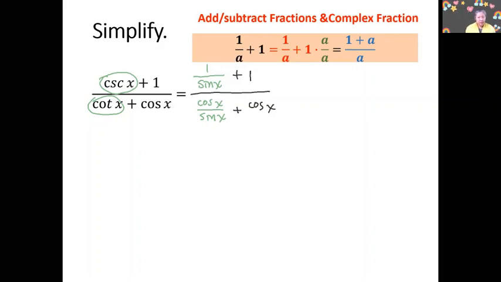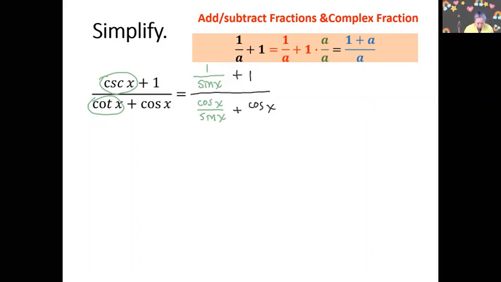Especially in this case, if you make that integer 1 into a fraction that has a common denominator with the other fraction already given, it's going to benefit you to have combined fractions, right? Here, this is a really important key. This is the skill that makes it possible for us to combine the fractional expressions there.